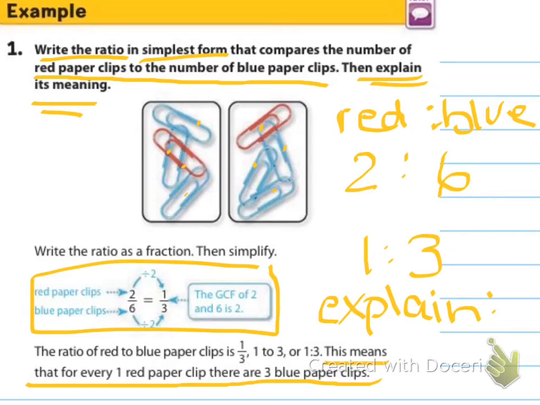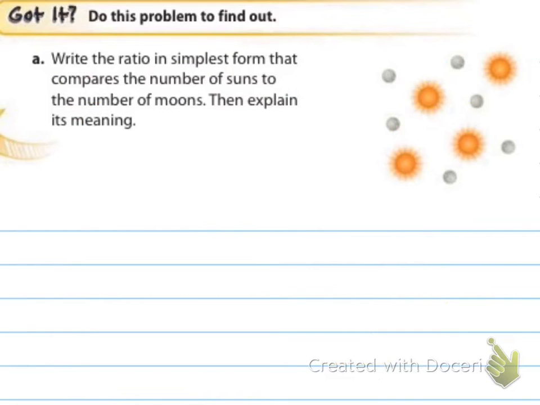These are key terms that you're going to be using quite often for explaining ratios, so make sure you understand that. It's for every, there are. That's our term for explaining a ratio. There's another way to write a ratio, and we'll talk about that in just a moment.